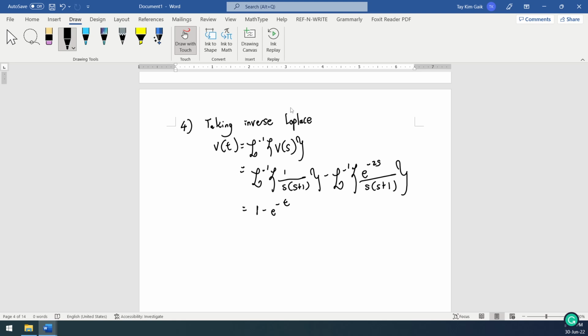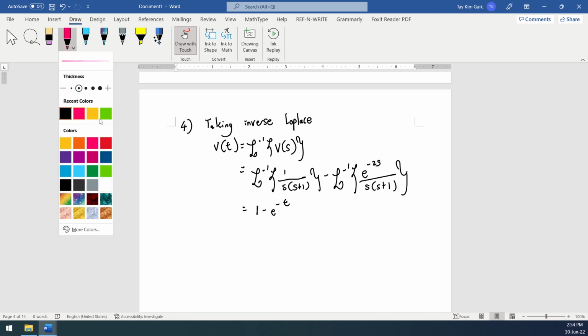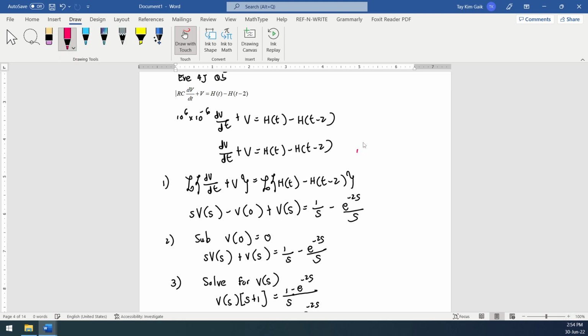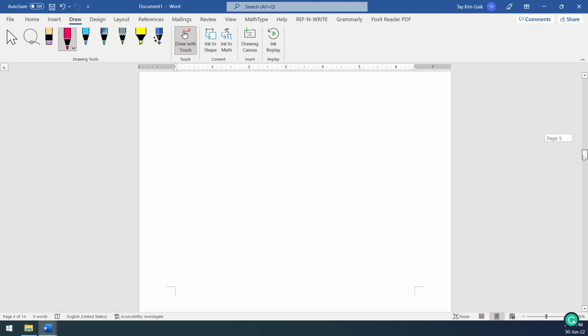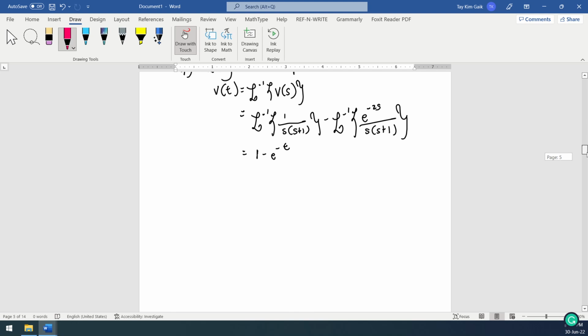And this one, by using the second shift property, is in the form of inverse Laplace of exponent negative 2s F(s).